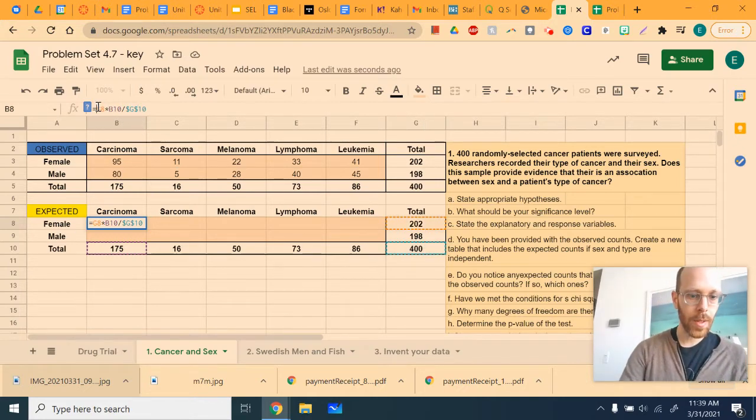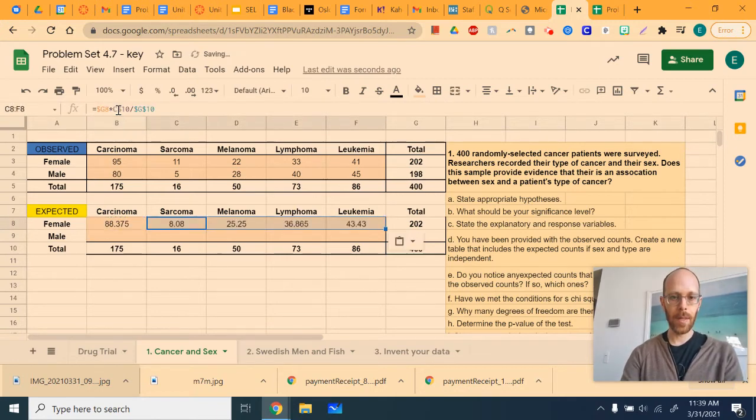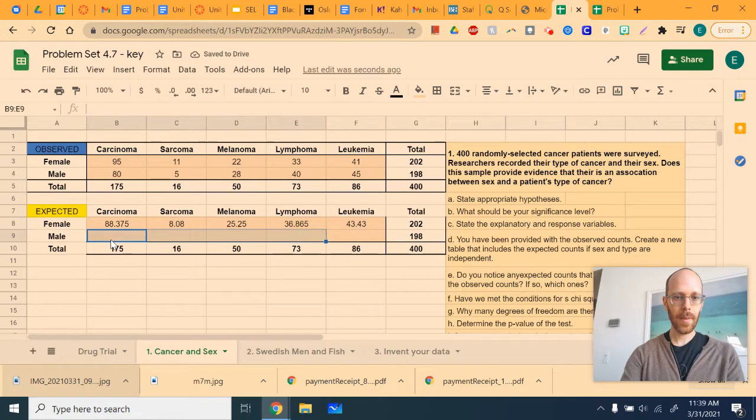So I'm just going to $sign the G. And then the B10 is right here. I would like it either to be the 175, the 16, the 50, the 73, or the 86. So I want the column to vary, but I want the row to always be 10. So I'm going to $sign the 10. Okay. Now, if I do that, I can just copy the formula, copy, paste, and paste, and there will be all of the expected counts.